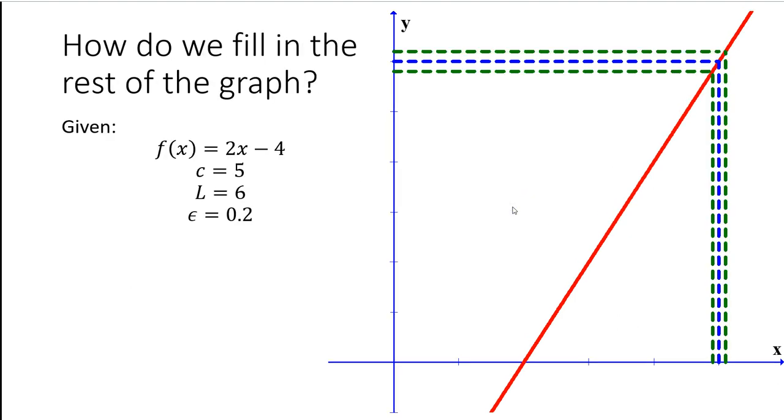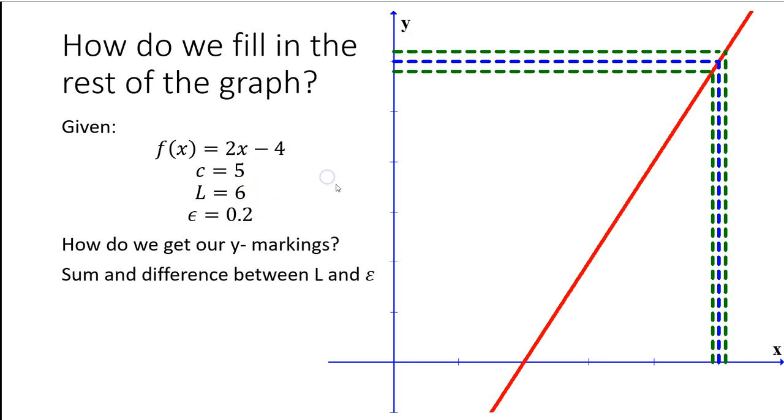Now, I'm going to add in some extra lines. Notice that this graph has changed slightly. I've added in these extra green lines above and below the blue line and to the left and right of this blue line, okay? Well, we need to make some calculations real quick. We knew this blue line up here was 6, and we need to find these green lines. Well, this is where the epsilon comes in.